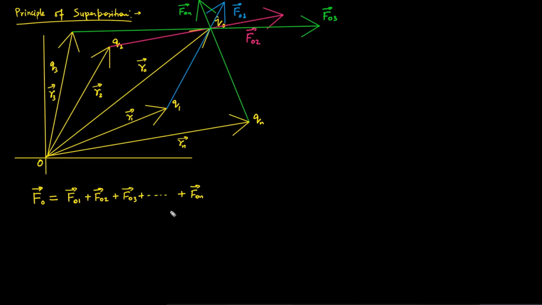The last part of the statement is very, very important. Without affecting each other. It means the force between Q naught and Q1 is independent of the presence or absence of other charges like Q2, Q3, Qn. I hope it is clear to everyone.